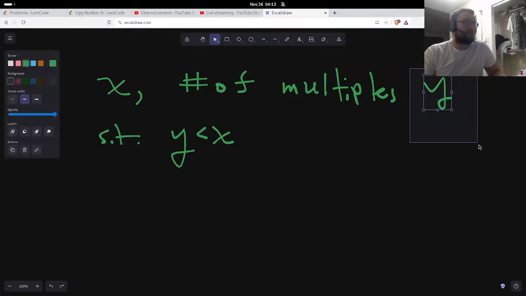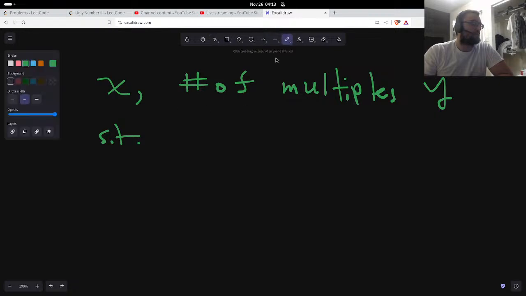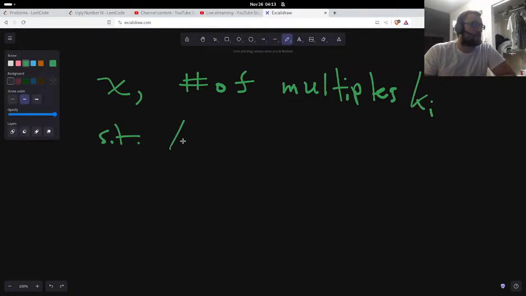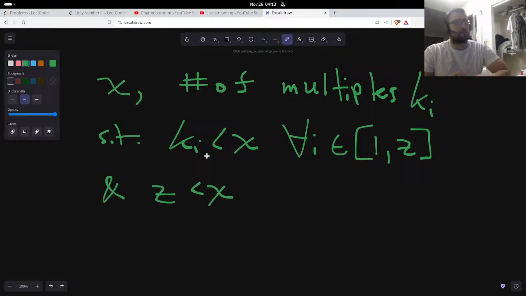Number of multiples k sub I, so that k sub I is less than x, for all I from 1 to z, and z is less than x. I don't know, it's confusing.